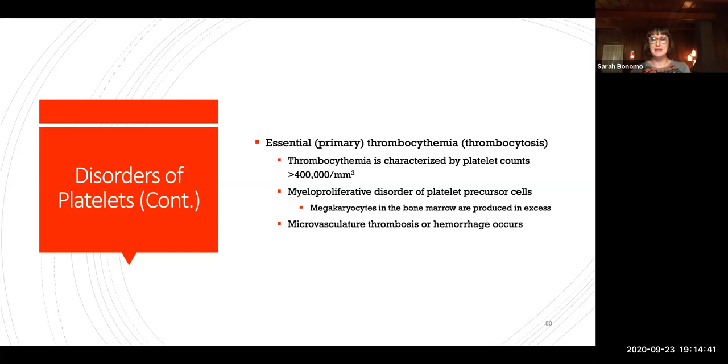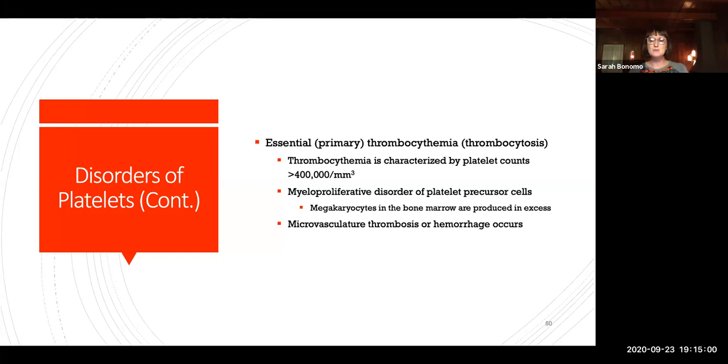And so in this case, there's a problem that too many megakaryocytes are produced in the bone marrow. And remember, those megakaryocytes are those big fat cells with a whole bunch of DNA in the middle, and then they fragment into all the platelets. So there's too many of them.